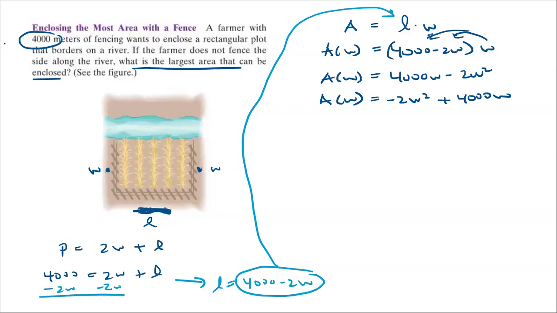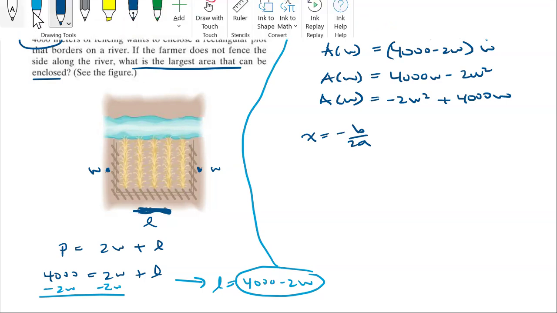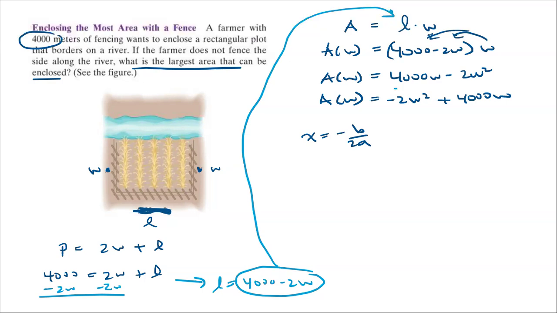So again, our goal is to find out the largest area. In order to do that, we need to use that formula, which is x equals negative b over 2a. So we're going to label this: this is going to be our a, and this is going to be our b. And then we just plug it in.